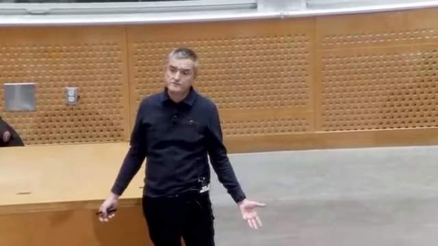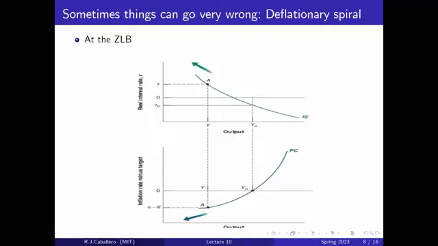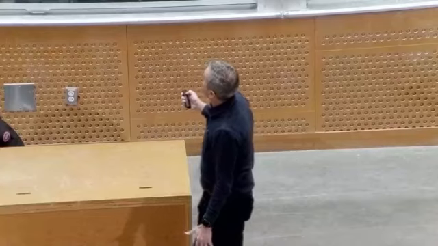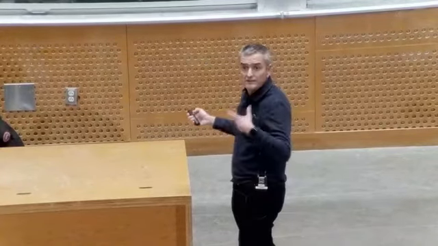What's the problem? Suppose you have a zero lower bound. Well, if you have a zero lower bound, it means that you're not going to hit this rate. The best you can do if inflation is around 0 is set the nominal interest rate to 0, and then the real interest rate is around 0. Well, the problem is that at 0, you generate negative inflation.